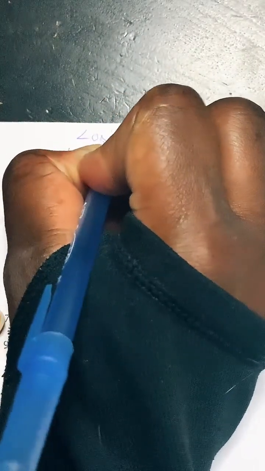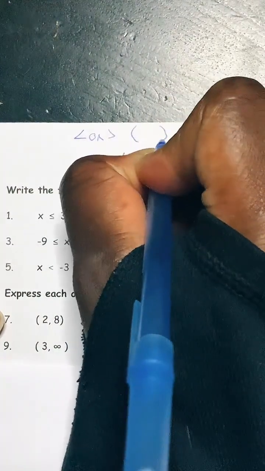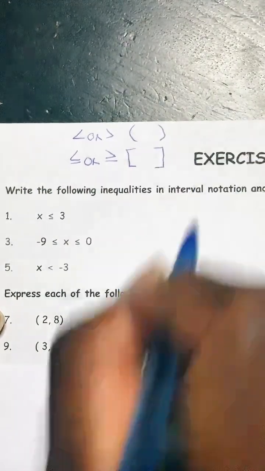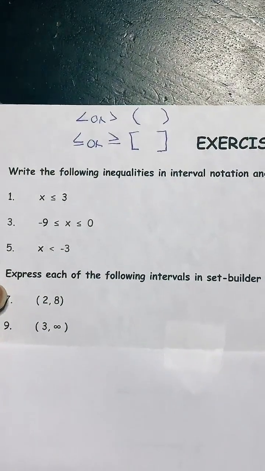So it's kind of similar to what we were doing earlier. If it is less than, okay, we can see this. If it's less than or greater than, it's going to be parentheses. If it's less than or equal to, or greater than or equal to, we will have brackets. Okay.